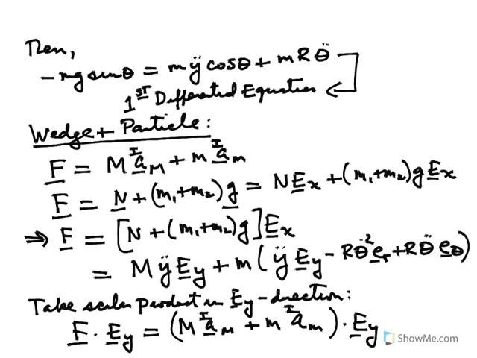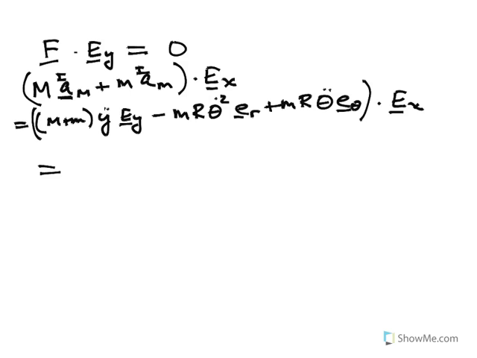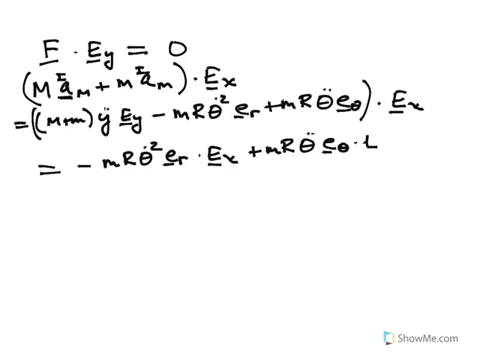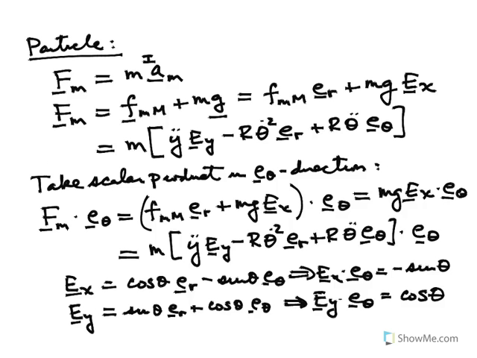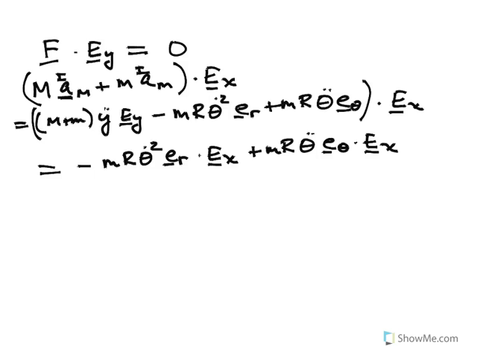So now if we take the scalar product, we get minus mr theta dot squared er dotted with ex, and then plus mr theta double dot e theta dotted with ex. But we note that ex, we already had it from before. Ex is equal to cosine theta er minus sine theta e theta.